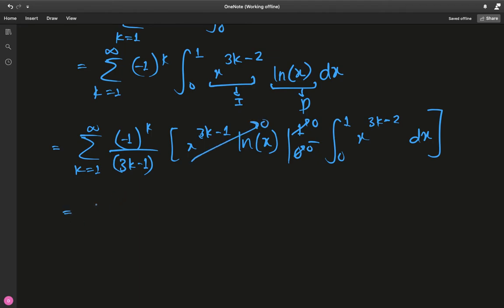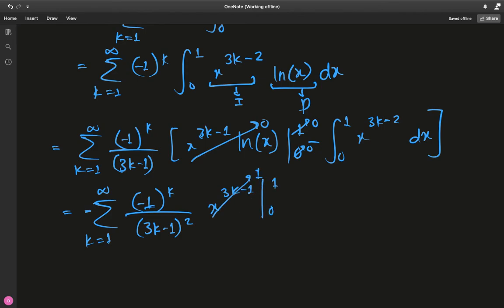So we just have the sum from k equals 1 to infinity of minus 1 to the k over, and the antiderivative of this will have a negative because of this 3k minus 1 times 3k minus 1, so 3k minus 1 squared times x to the 3k minus 1, evaluated from 0 to 1.